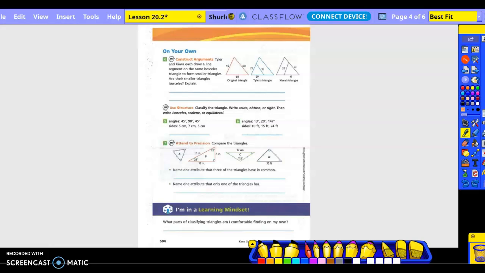They're not both isosceles. Kiara's is isosceles because she has two congruent sides. Tyler's is scalene because he has no equal sides. Okay, so we're going to say that was our explanation.